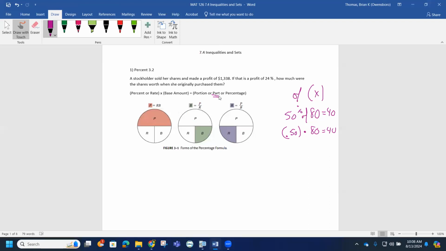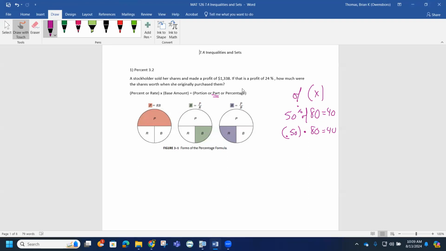So if I look at this problem, I can approach this as a percent problem because I made a profit of $1,338. That profit is 24% of whatever I started with.